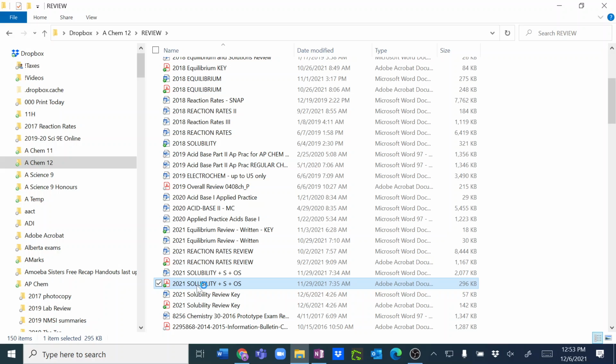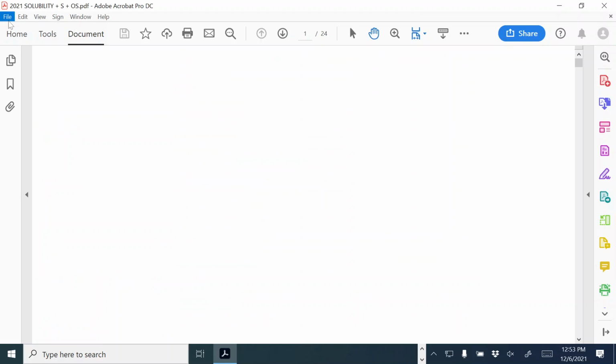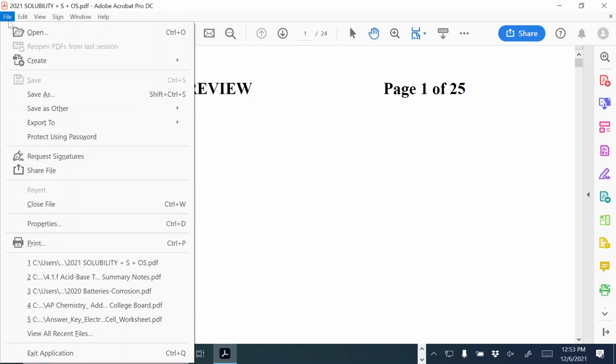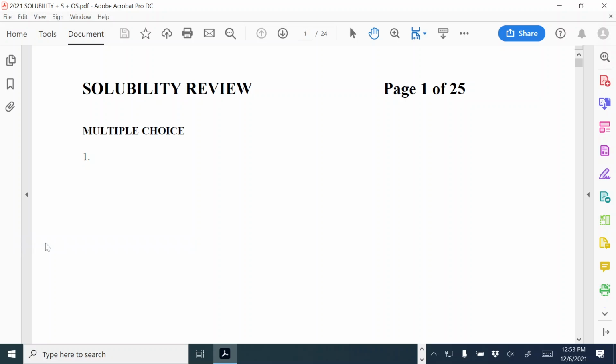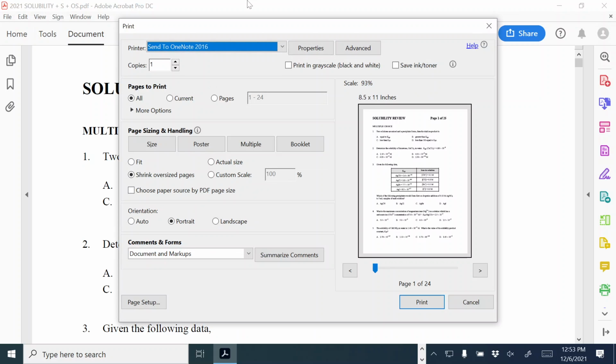There we go. File, print. Oh, it'll be the one in the staff room, so I have to release it.